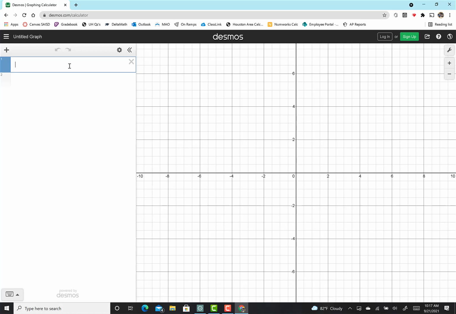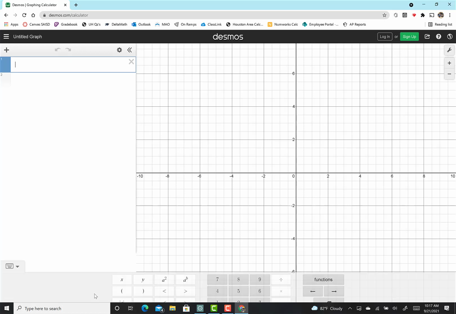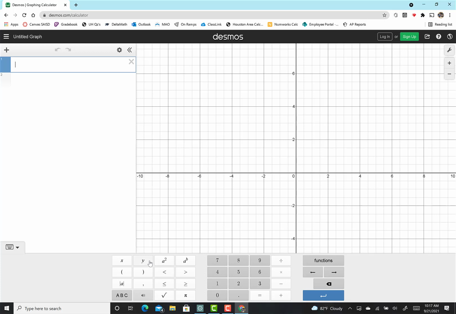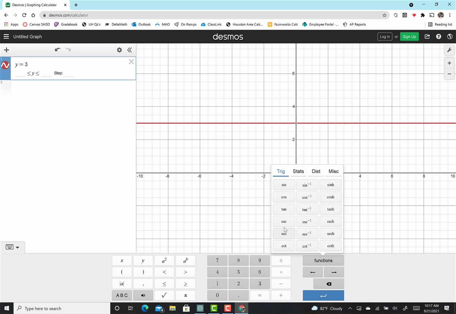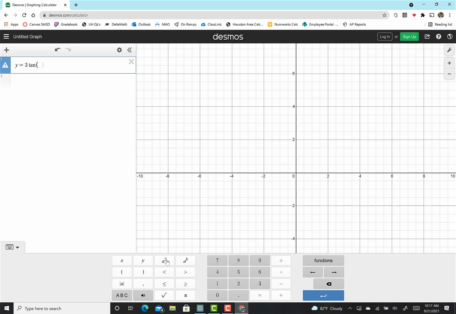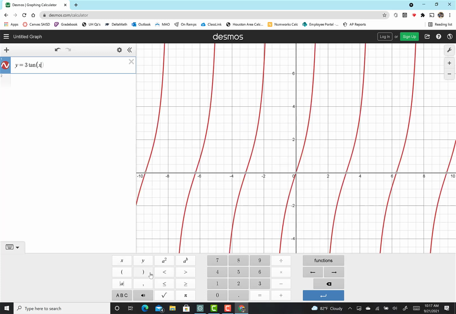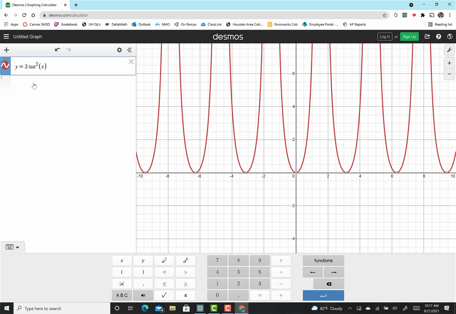All right, what was the equation, guys? What was my original? y equals what? y equals 3 tan squared x. Equals 3 tan x, and I guess I'm going to have to put that in parentheses there. Actually, it might work right here, right? Let's see. Yay, it worked. Okay, and what was my tangent line?